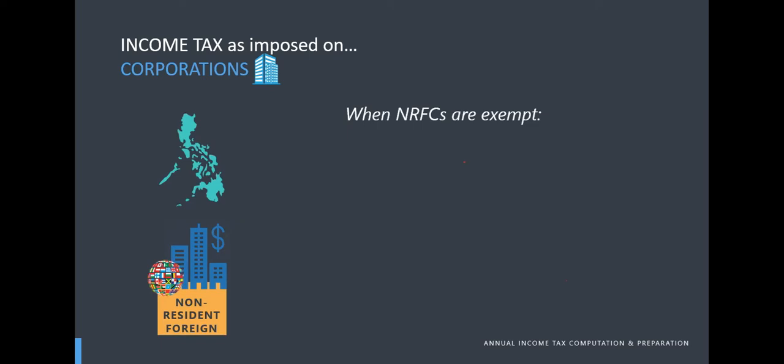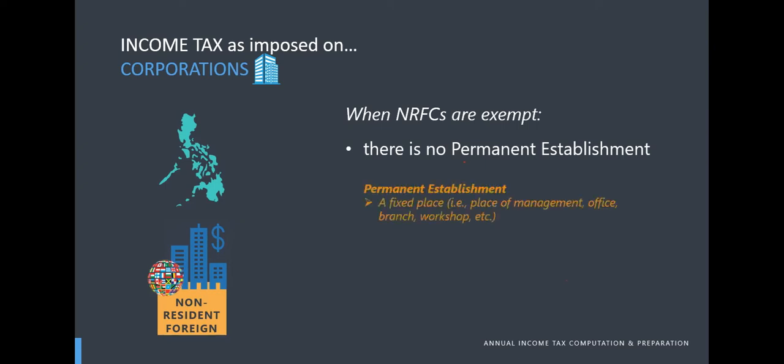When are non-resident foreign corporations exempt? Non-resident foreign corporations are exempt if there is no permanent establishment. So what is a permanent establishment? A permanent establishment is a fixed place. It could be a place of management, office, a branch, or workshop situated here in the Philippines. Apart from a place, it could be dependent agents.